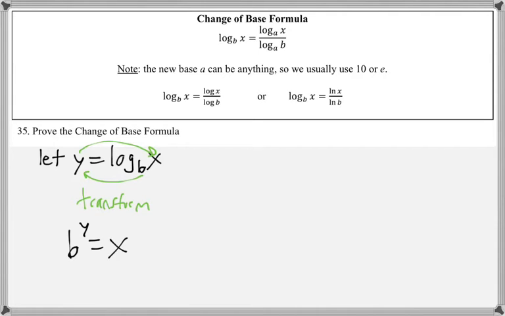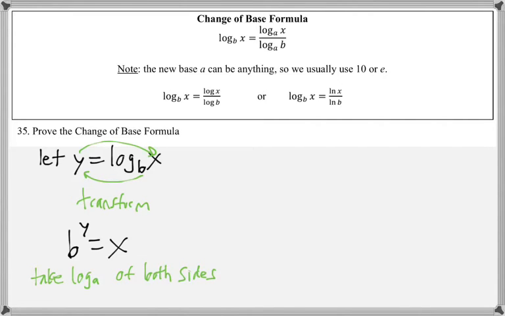Then I want to take the log of both sides, and I'm going to take the log base a of both sides. And that's something that we're allowed to do. So we're allowed to take the square root of both sides, we're allowed to square both sides. As long as we do the same thing to one side that we do to the other, then we can do it.